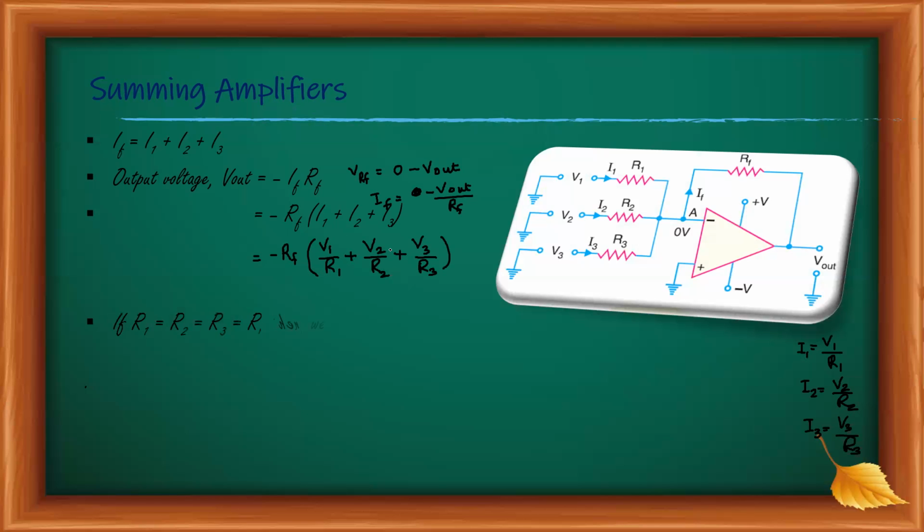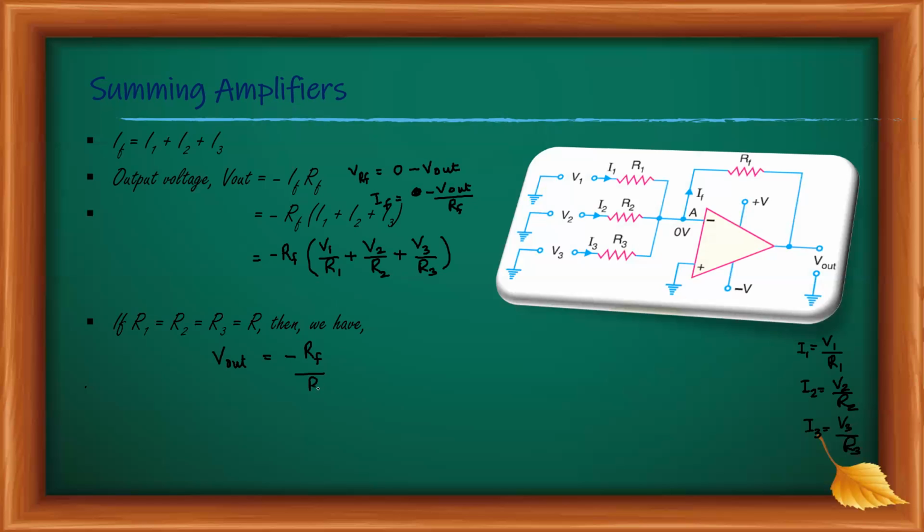Okay. If R1 is equal to R2 is equal to R3 is equal to R, the three input resistances taken as equal, and it is equal to R, then we can write output voltage V out. V out is equal to what? V out is equal to minus RF. If the denominators are the same, we can take it outside.